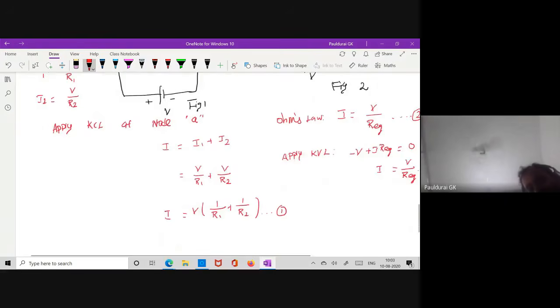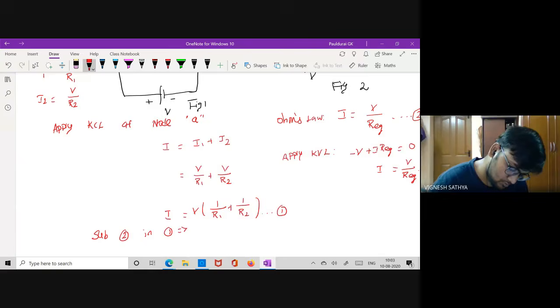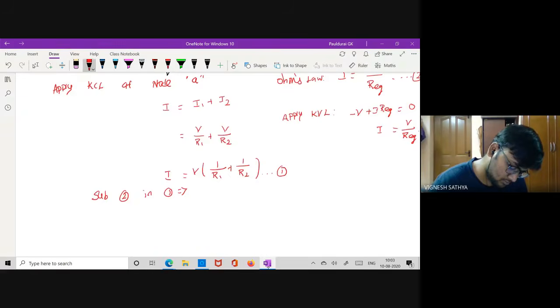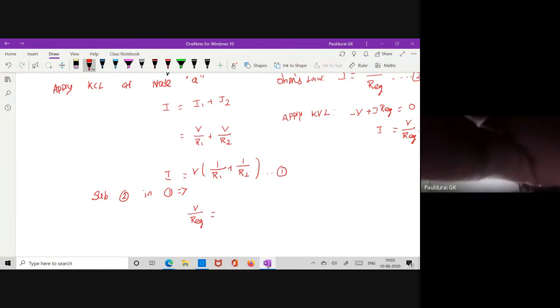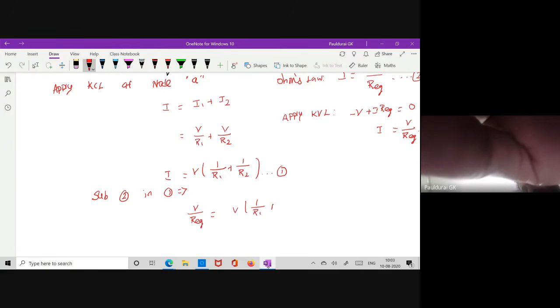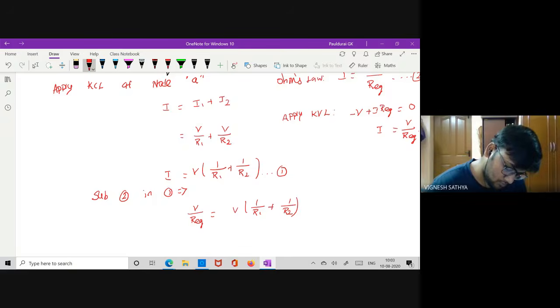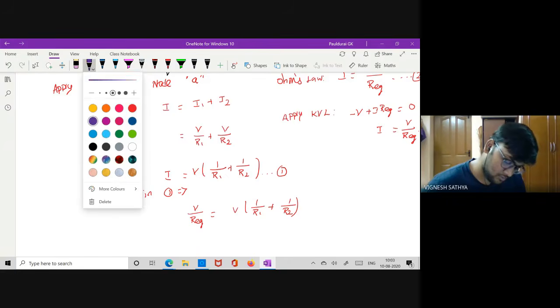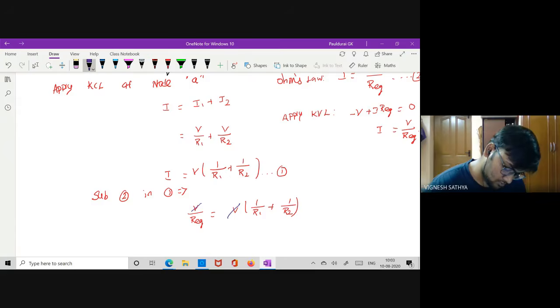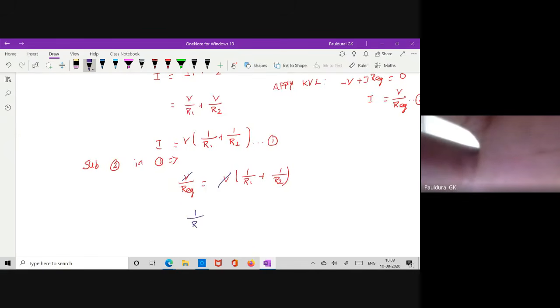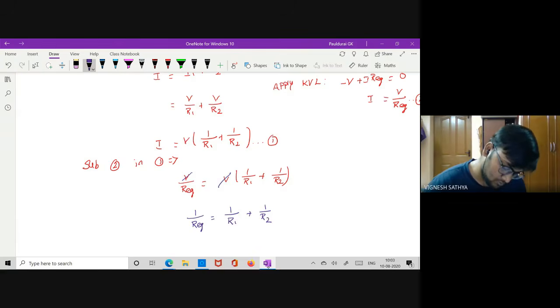Now substitute 2 in 1. What will you get? What is equation number 2? V by R equivalent equals V times 1 by R1 plus 1 by R2. Now what will happen? V and V get cancelled. So the conclusion: 1 by R equivalent equals 1 by R1 plus 1 by R2.